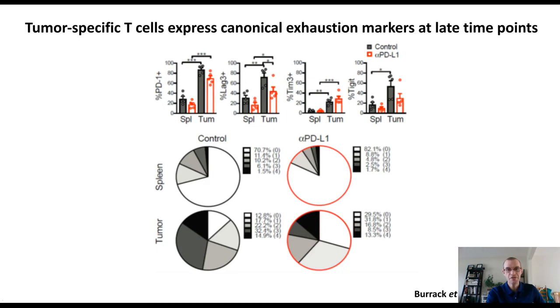So in the tumor, in untreated mice at late time points, we have about half of our cells that bind the tetramer express either 3 or 4 of these canonical exhaustion markers. Whereas if you compare on the right, PD-L1 treated mice, outlined with the red outline of the circle, the majority of the tetramer binding cells at the same time point are expressing either 0 or 1 of those canonical exhaustion markers.